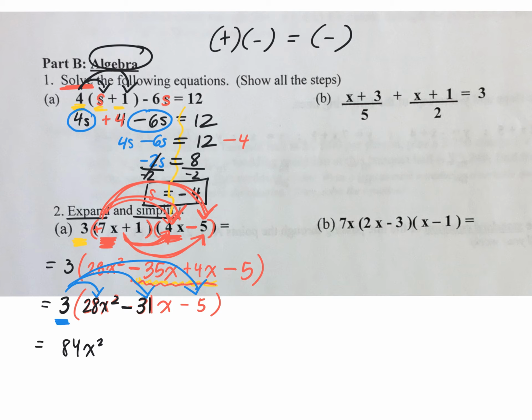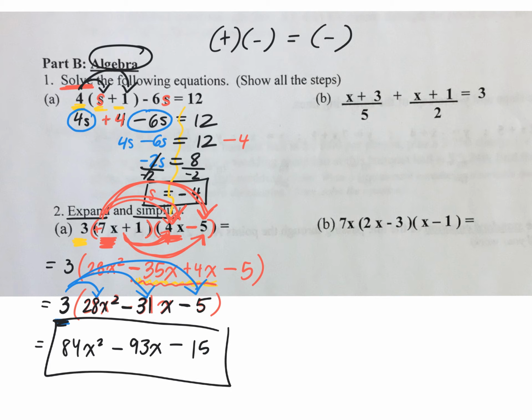Negative 31x. Positive times the negative is a negative, 3 times 31, 93x, right? And then 3 times the last term, which is negative 5. Positive times the negative is a negative, 3 times 5. That's the answer.